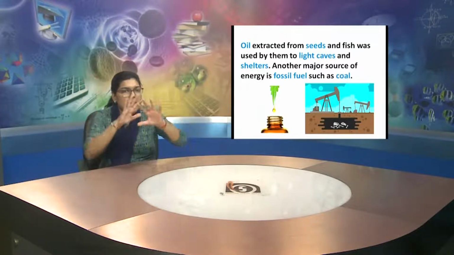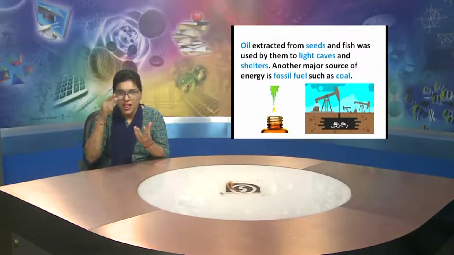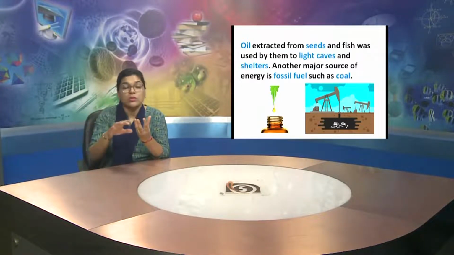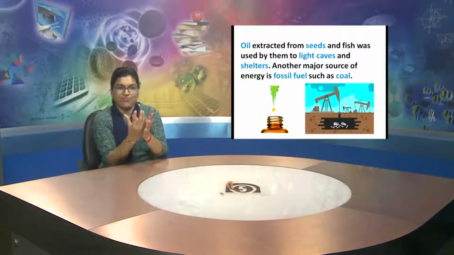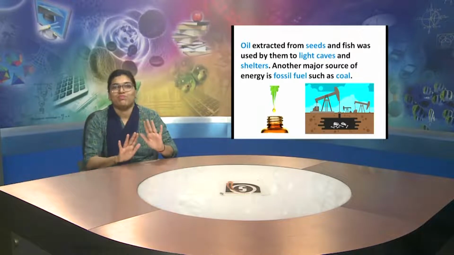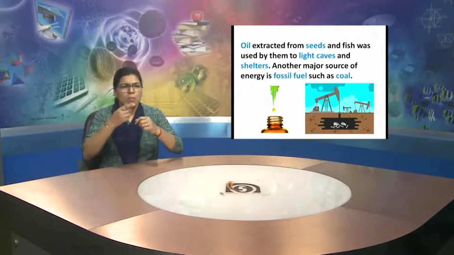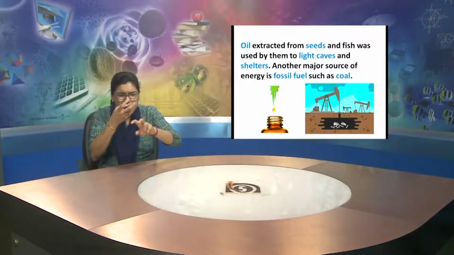As the caves were dark, they used to put oil, and with a stone they used to light it and have energy in their room so that they can do their work in the presence of light.